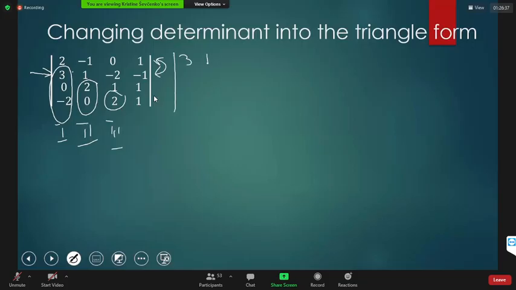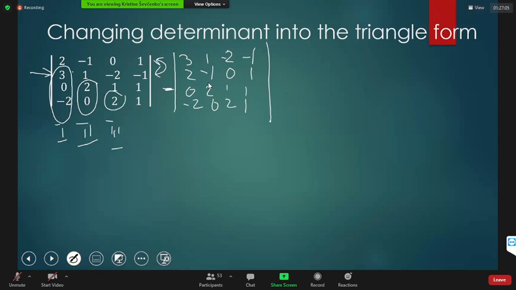So we can have 3, 1, minus 2, minus 2, minus 1, 2, minus 1, 0, 1. Because of that, we need to change the sign because we swapped 2 rows. And then we have 0, 2, 1, 1, and we have minus 2, 0, 2, 1.